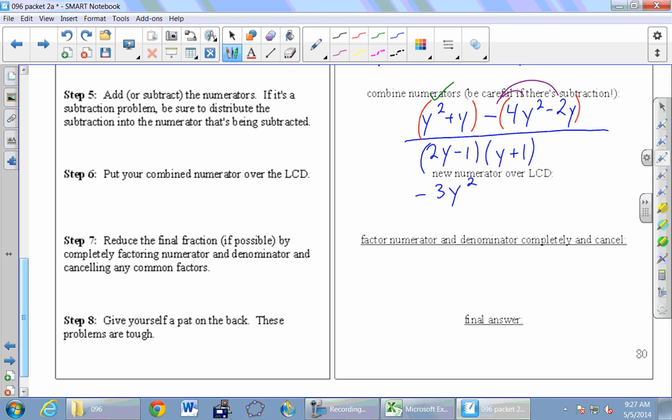That's that guy minus that guy. And then I see a y, so we're here, minus negative 2y. Minusing negative 2y is the same as adding 2y. So this is really y plus 2y, which is 3y. And the denominator gets copied.